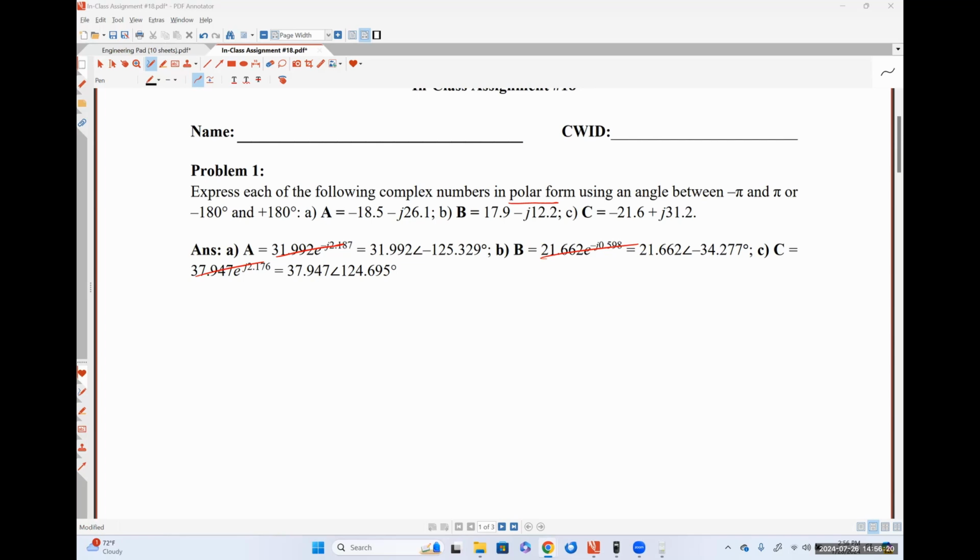Anyone having any difficulty with parts B or C? Is there anyone opposed to me moving along to problem 2?